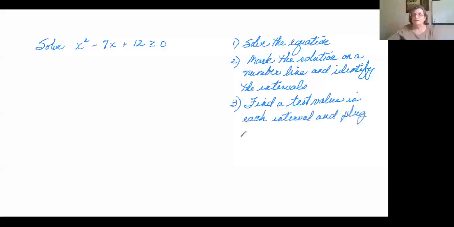And plug into the original problem. Basically to see if it works or not.